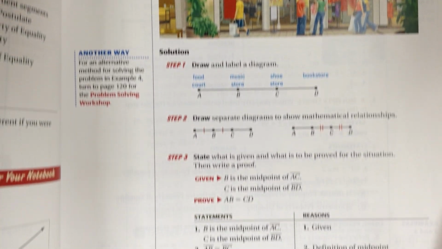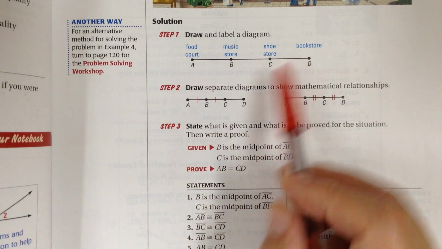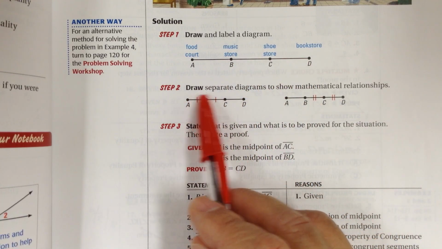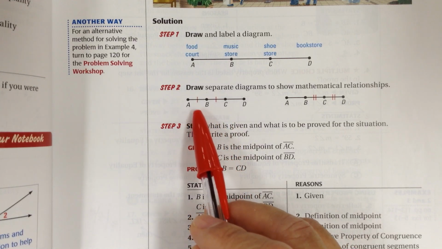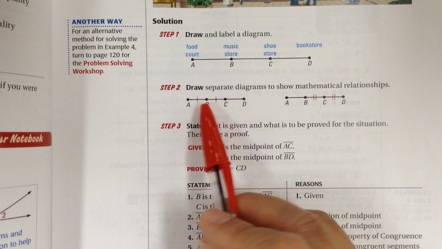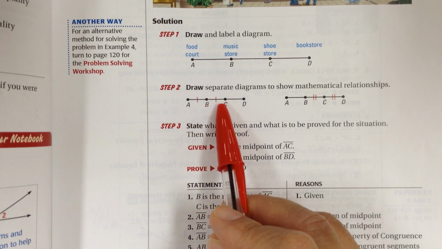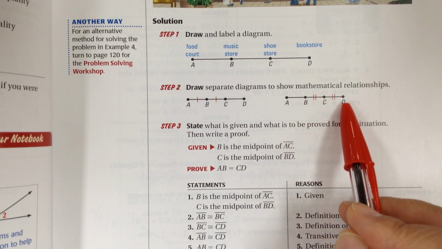Okay? So first you draw and label a diagram, then after that, you draw a separate diagram to show the mathematical relations. Okay, so again, B is halfway in between, right? So that means AB is congruent to BC. And in the second picture, BC is congruent to CD.